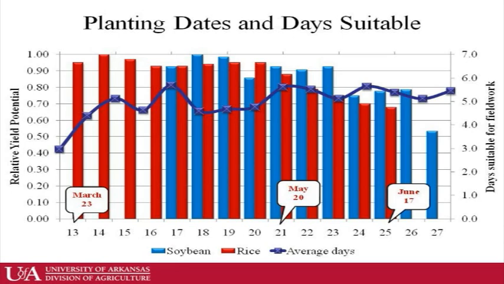Look on the right hand side for the number of days per week for the line for days suitable for field work. By the time rice is starting to reduce in yield potential, we're starting to have about 5.5 days per week that we can expect to have. The point is, there's a trade-off between being able to get in the field with a certain amount of equipment and the probability of being able to work in the field due to weather issues.